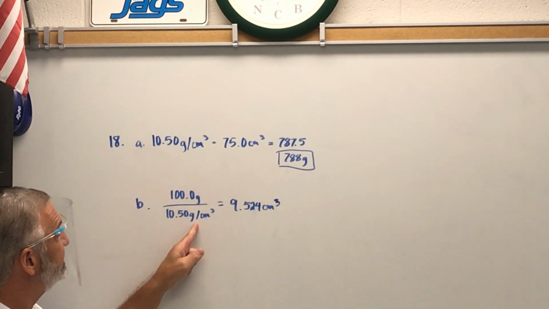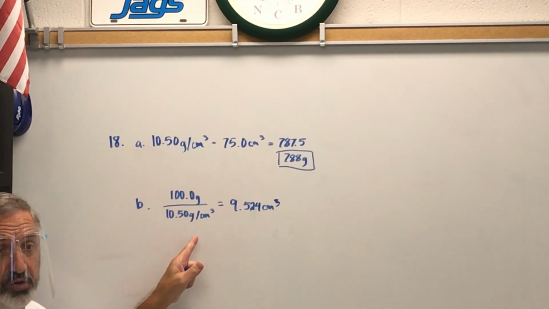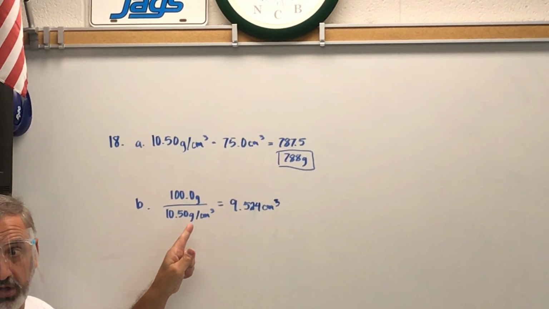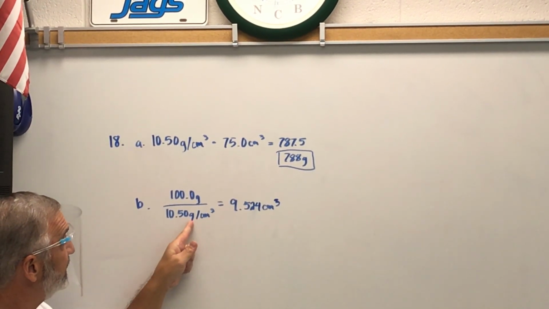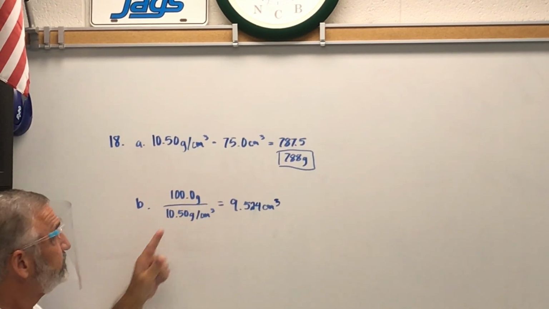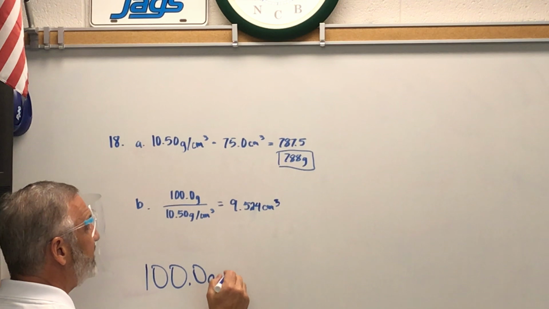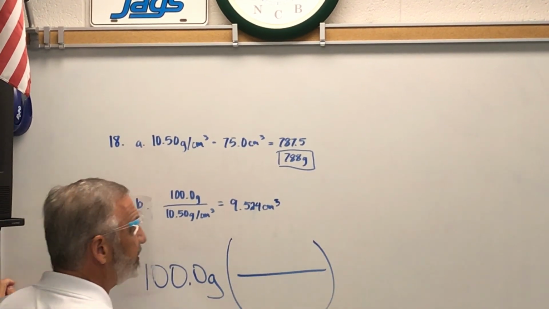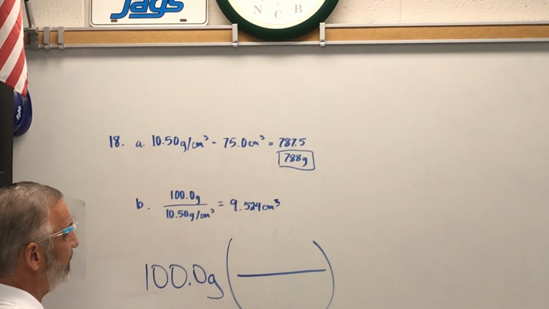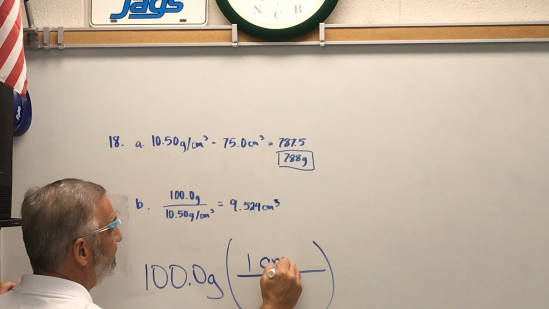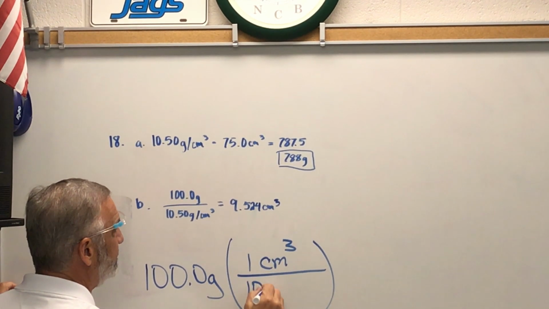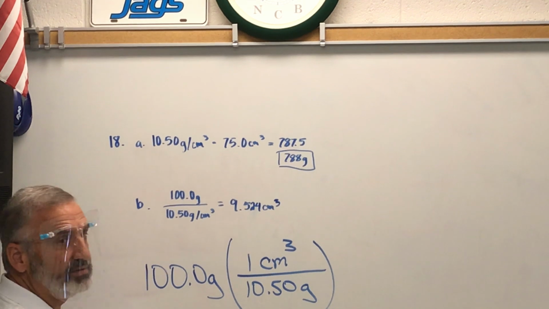Remember, when you have 2 things that are given, use the one that's only 1 unit on it, not the 2. This is going to be a conversion factor. This is my given. So start with 100 grams, and then you can set up your density as your conversion factor. I know grams needs to go on the bottom, so I say 1 cubic centimeter over 10.50 grams.